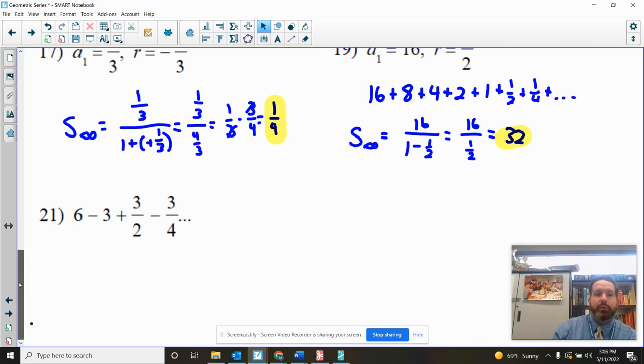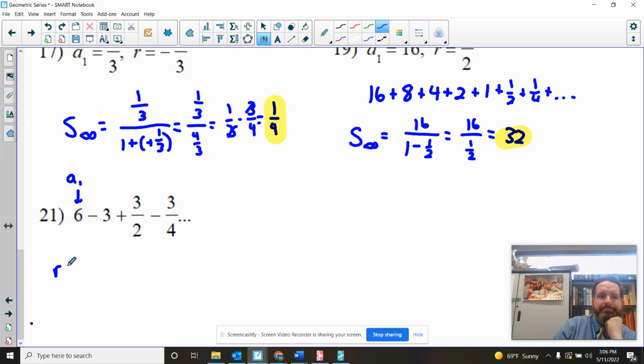And then lastly, this time we are given the first several terms of the series, meaning I've got a1, right there it is. What we don't have is the common ratio. We've got to figure that out for ourselves. So a1, what is this r? Well, I know that 6 times the common ratio gives me a negative 3. Divide by the 6. r is negative 3 over 6, which is negative a half.